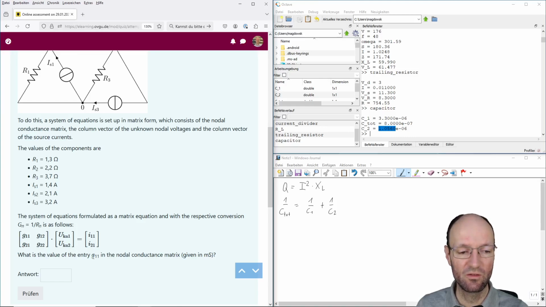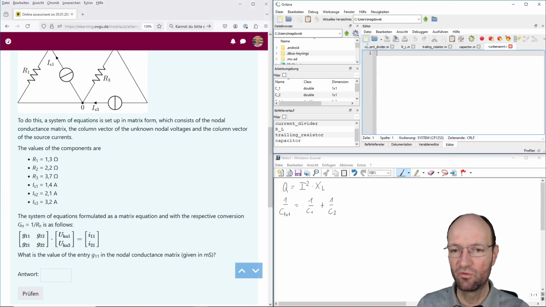And what we would like to know now is what is the entry G11 in this nodal conductance matrix here. So I will use a new script and copy the values.